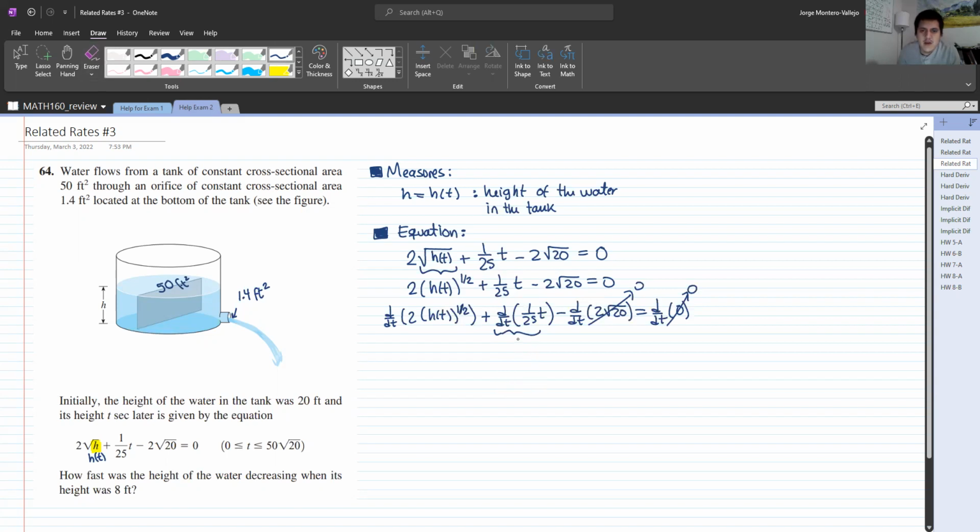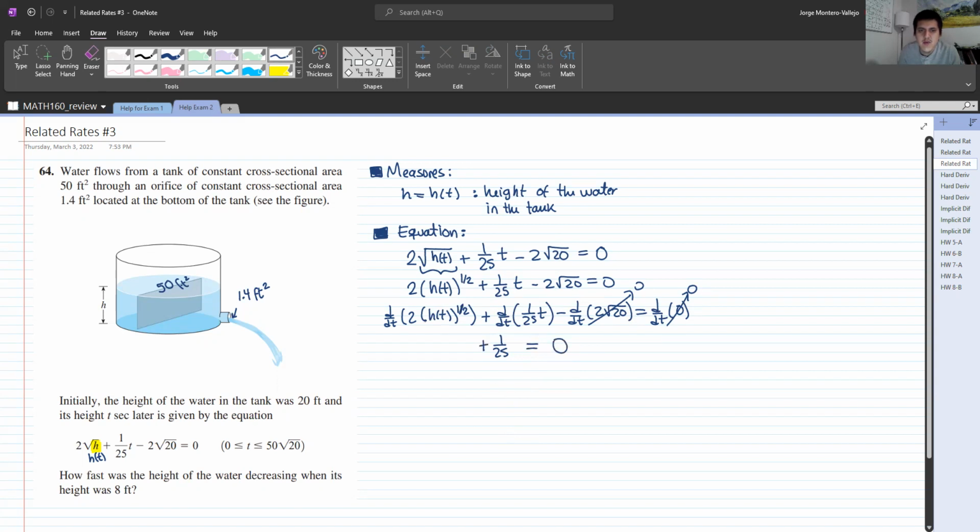I will explain what happened, right? 1 over 25 is a constant multiplying, so I can just pull it out of the derivative. And this is what I have, right? Now this is just 1. Okay, so then that's what we get from there. So we got 0 here, and we got 0 there, so this is equal to 0.